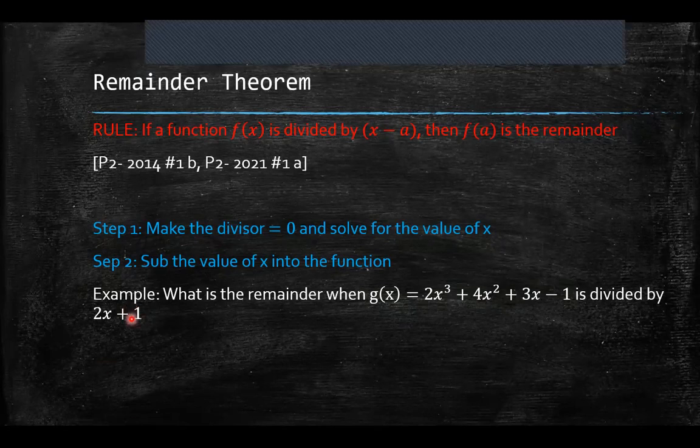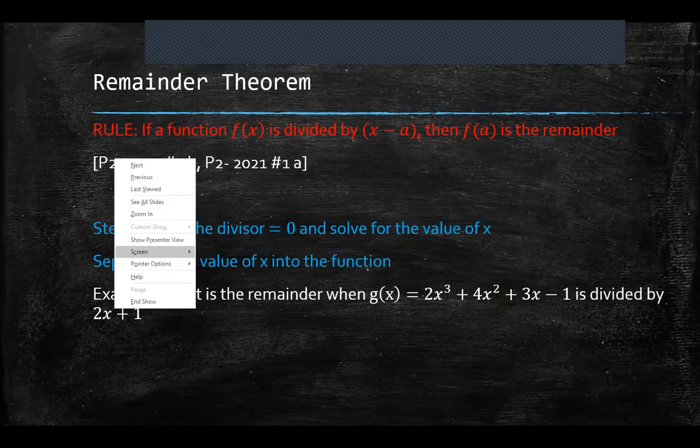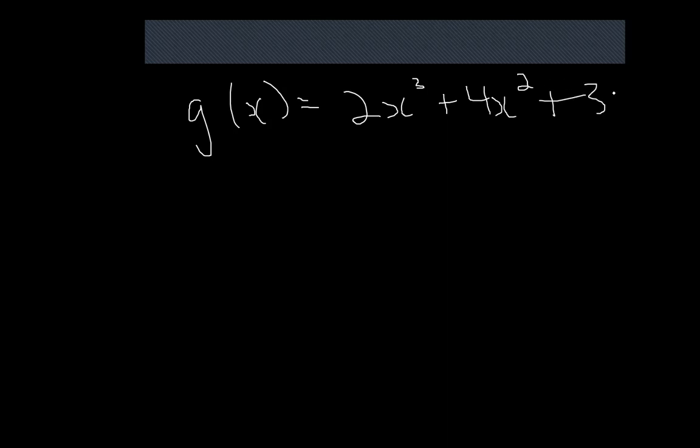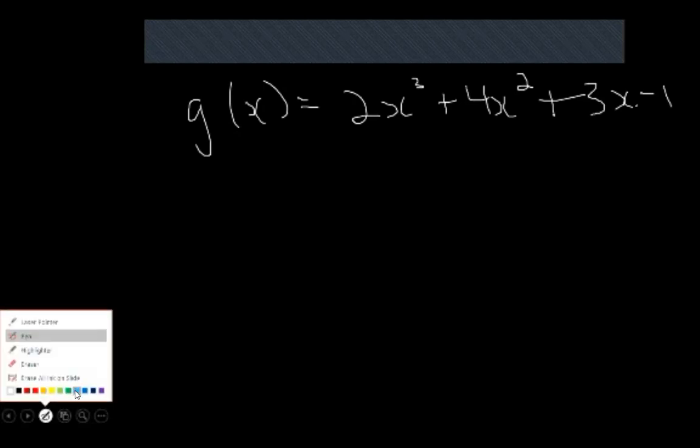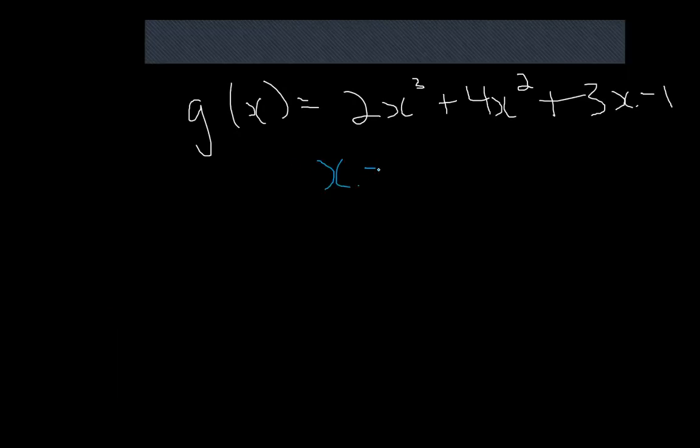Yes, let's do that on the board. It told me the function g of x is equal to 2x cubed plus 4x squared plus 3x minus 1. I said from my first step, I found out that the value of x is equal to minus a half.